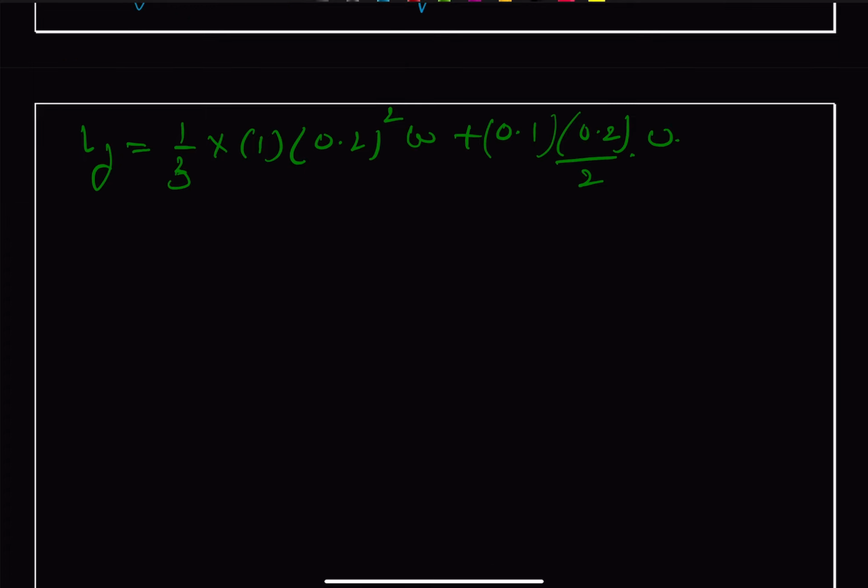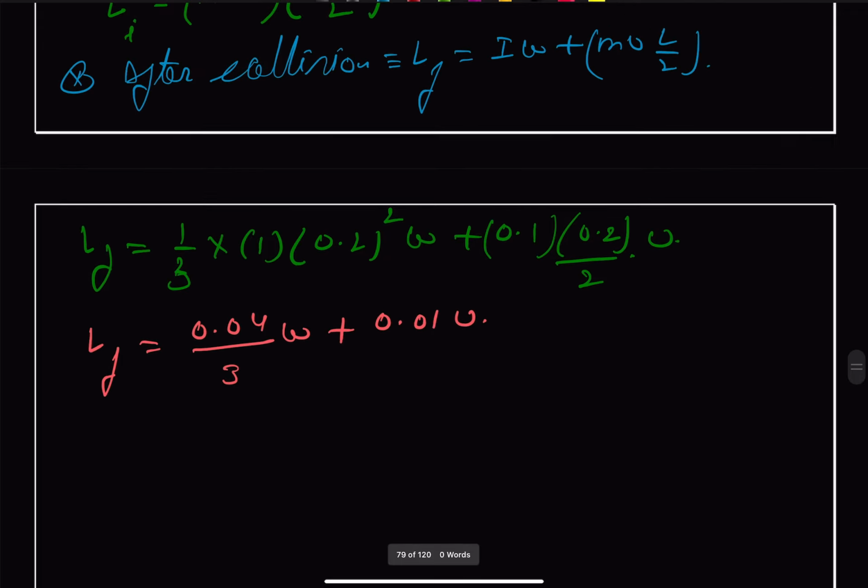So we get that our L final will be equal to 0.04 divided by 3 times omega plus 0.01 times v, and L initial is equal to L final.